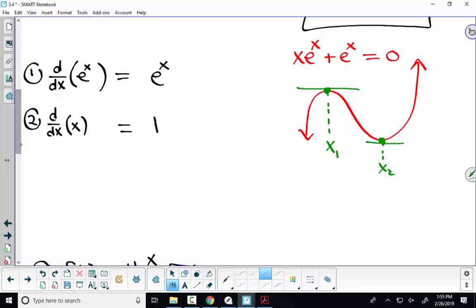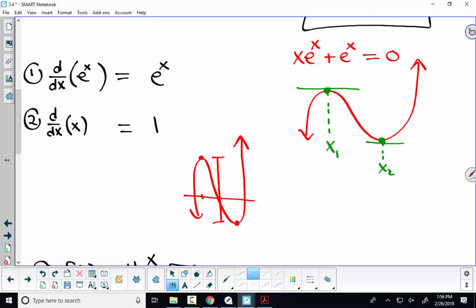Because you remember graphing these types of functions in algebra or pre-calc, there was never a valid way to determine how high this function went up before it turned back around. So this would be like a pre-calculus graph, and there's no way to know what this value is and what this value is.